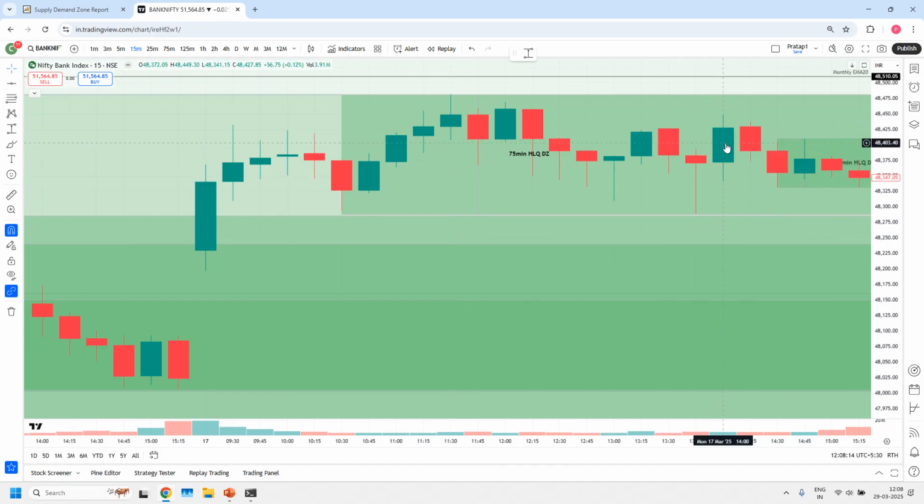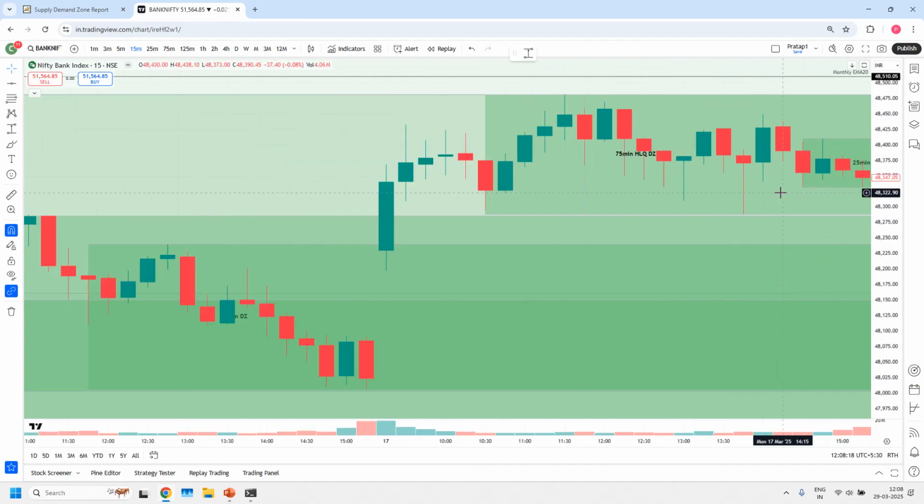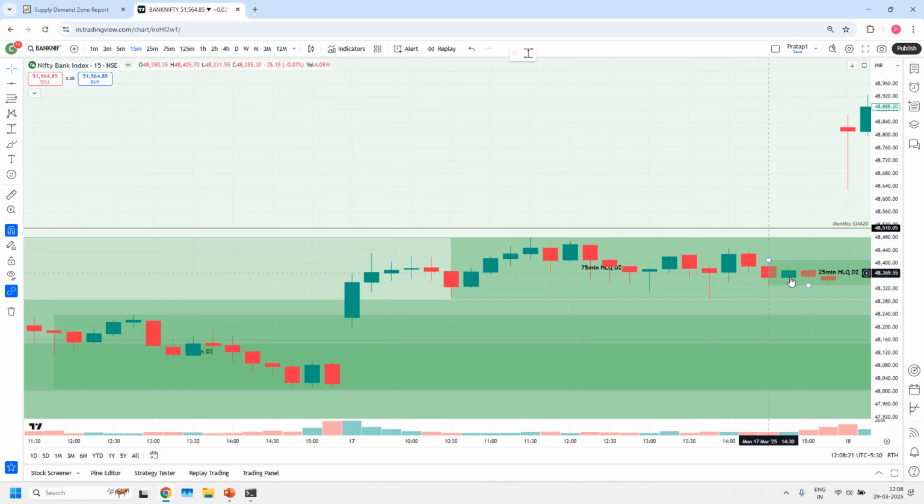This is the one. After that, 5 base candles. 1, 2, 3, 4, 5. Then this entire thing is 15-minute zone.